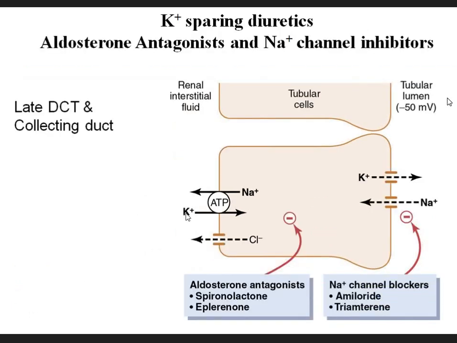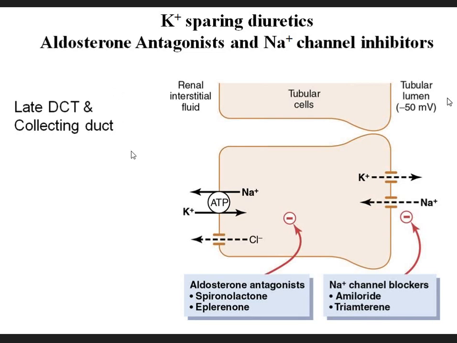Another class of diuretics are potassium sparing diuretics, or we can say aldosterone antagonists. You know where aldosterone acts? Aldosterone acts at the late portion of the DCT and in the collecting duct. And I hope you remember the role of aldosterone. The main role of aldosterone is to reabsorb sodium and to secrete potassium. This is very important, you must remember this.